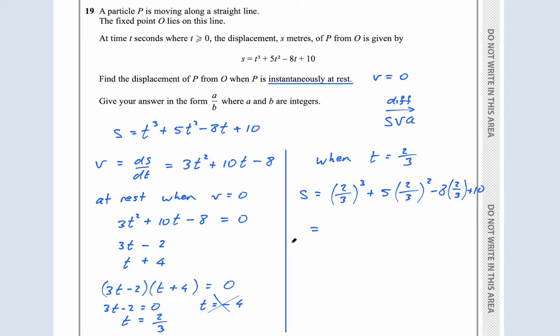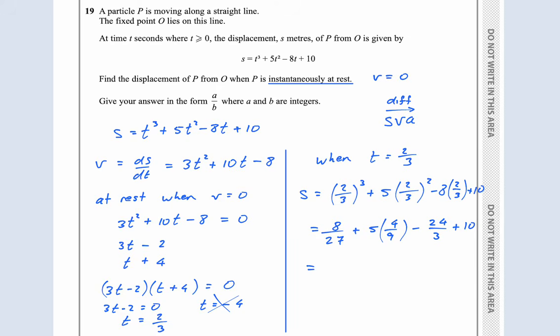This, guys, I could probably just put straight into my calculator. I'll show some of the working, guys. So 2/3 cubed is 8 over 27, because it's this cubed over this cubed, plus 5 times this squared is 4 over 9, minus 8 times this is minus 24 over 3 plus 10.